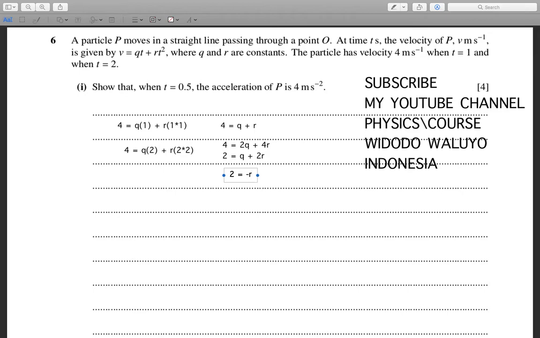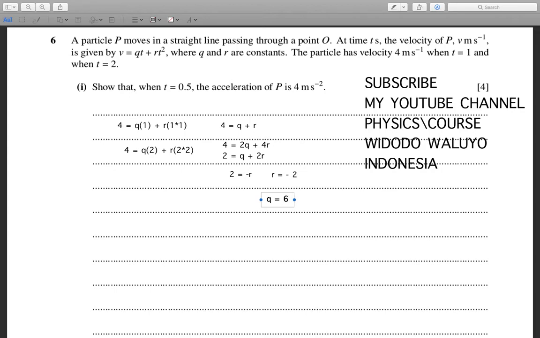So we get r equals minus 2. How about q? If we substitute r equals minus 2, q equals 4 plus 2, which is 6.